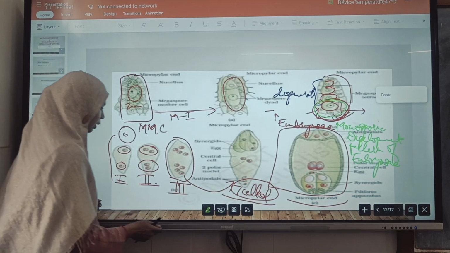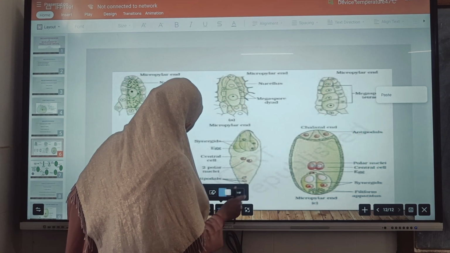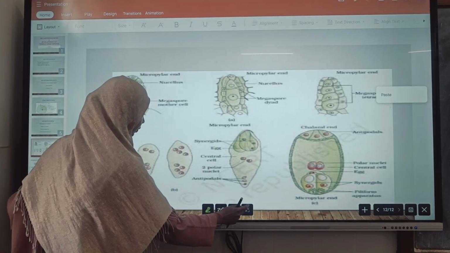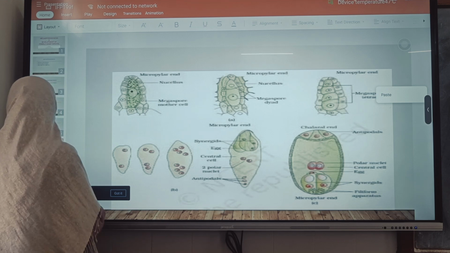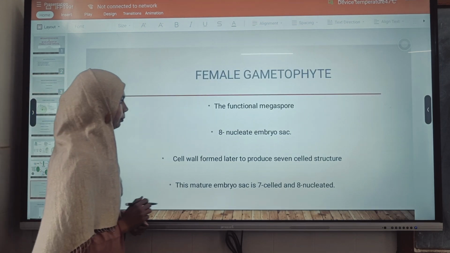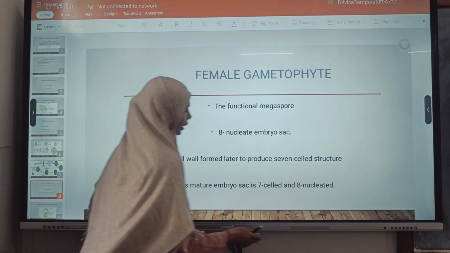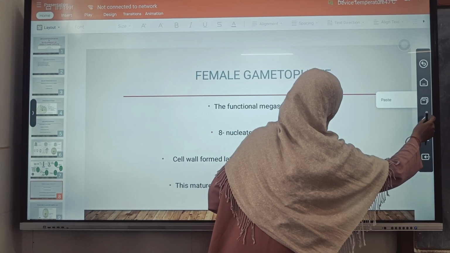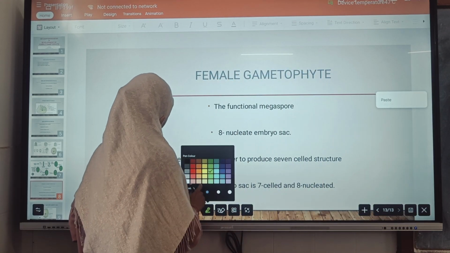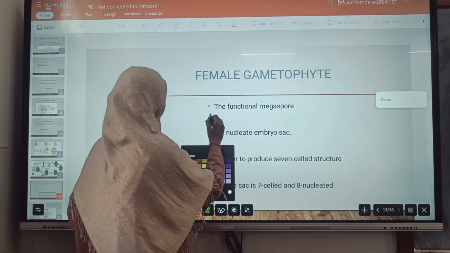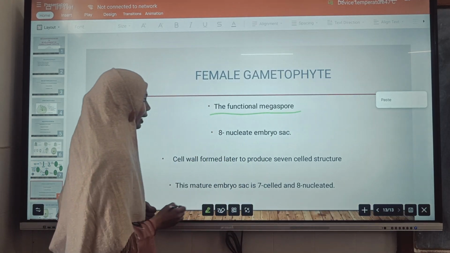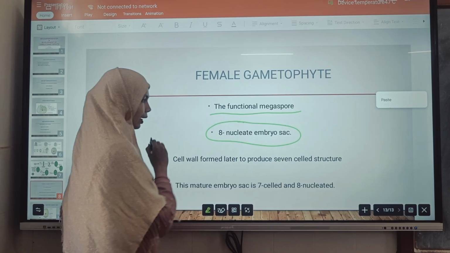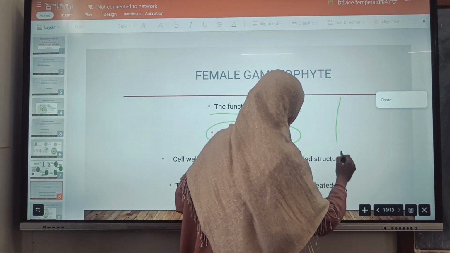Now come to the next. What is the female gametophyte? You already know how the female gametophyte is developed. It is developed from the 1 functional megaspore, and that functional megaspore first forms an 8-nucleate embryo sac. How is it formed?